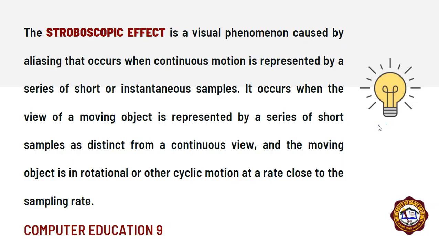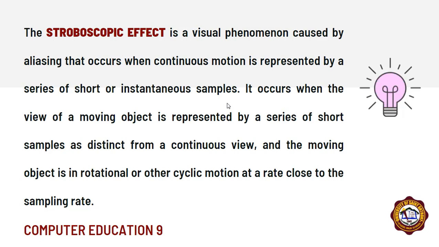Okay. So, ano naman yung stroboscopic effect? So, yung stroboscopic effect is a visual phenomenon caused by aliasing that occurs when continuous motion is represented by a series of short or instantaneous samples.